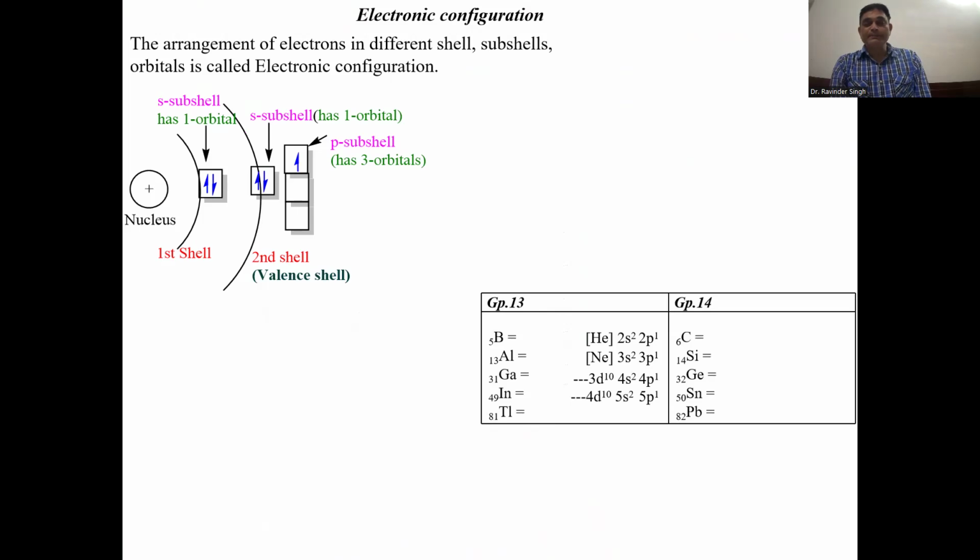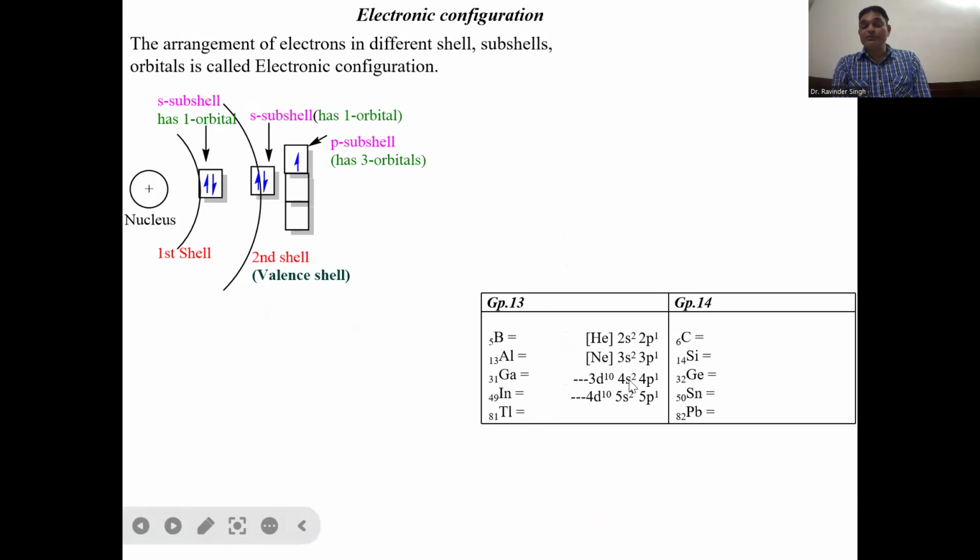Next, indium. In the case of gallium, you can see 4s2, 4p1 is the valence configuration. That's why the next element's configuration is 5s2, 5p1 for indium. Gallium is a fourth period element, because the last shell is the fourth shell.